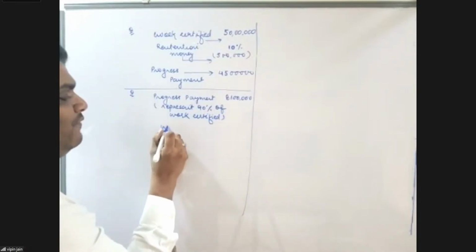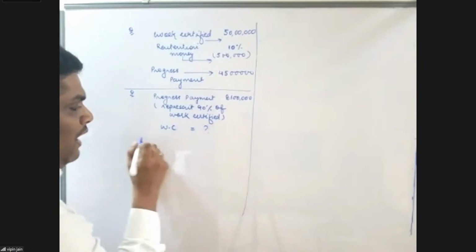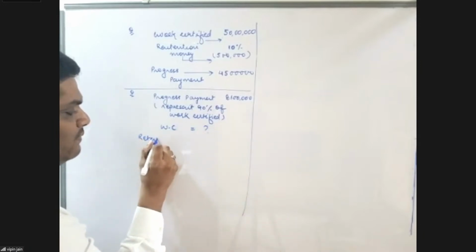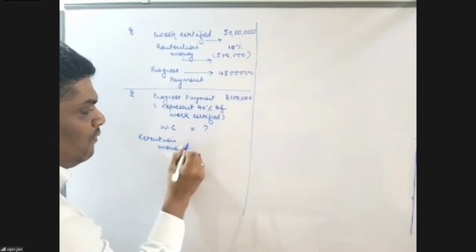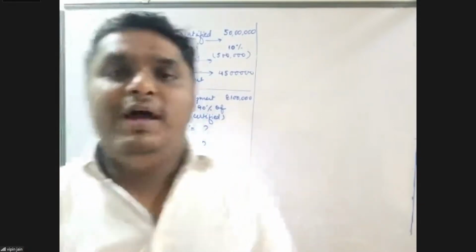So how much will be the work certified? How much will be the retention money? Waiting for your answers, guys. How much will be the work certified and how much will be the retention money?